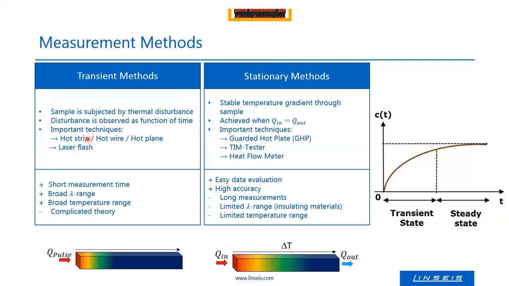Both are transient methods, so you apply a pulse, a short pulse for laser flash, and measure the temperature increase. The hot wire techniques can apply also a short pulse, but also longer pulses, or the heat can be applied during the whole measurement.